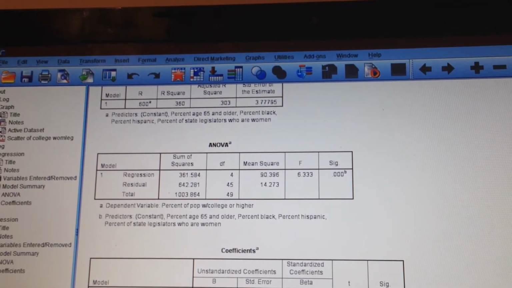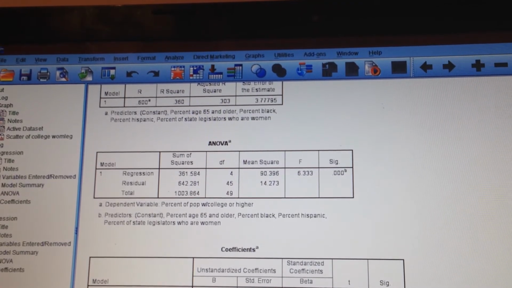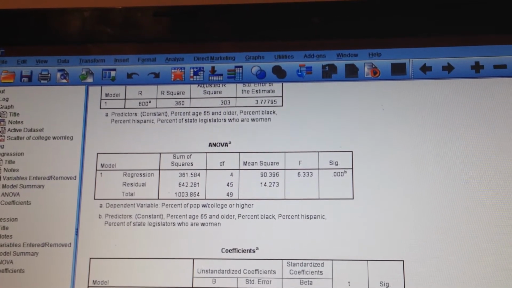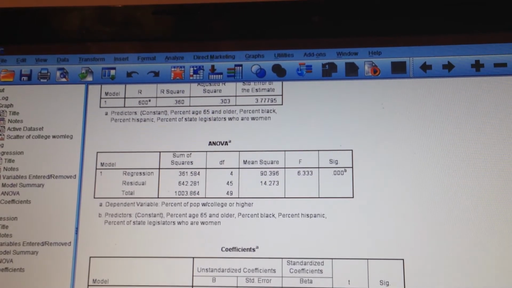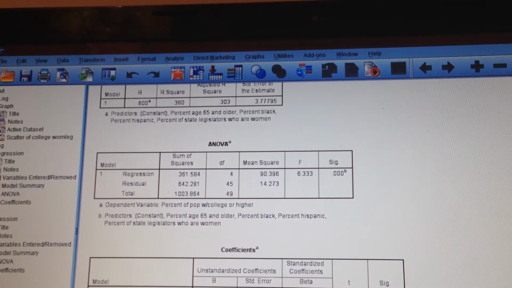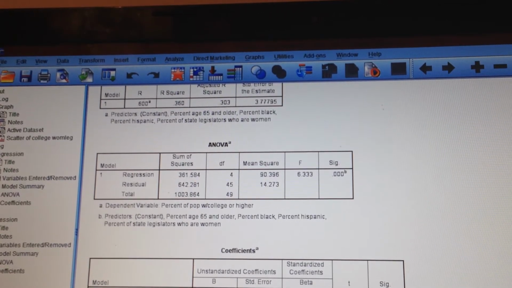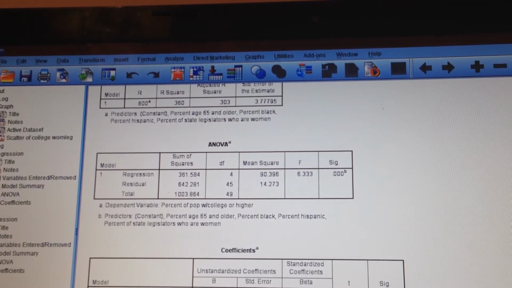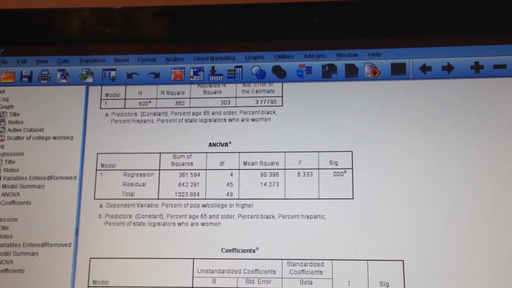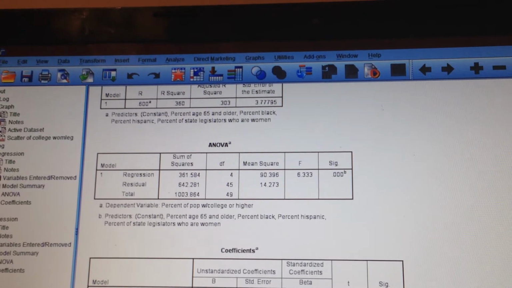Now, regression analysis and other multivariate techniques are not perfect, and I want to talk about some problems here. The first problem that I want to bring out is that this is kind of artificial.